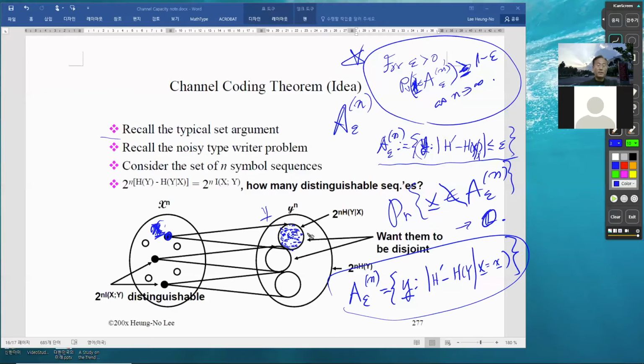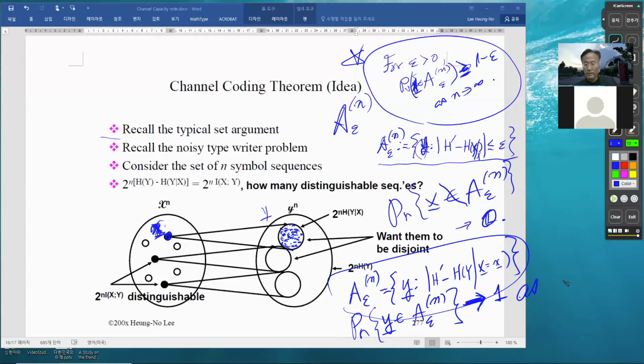You select any y, and it belongs to this typical set defined right here, and the probability of such an event converges to 1 as n increases to infinity.